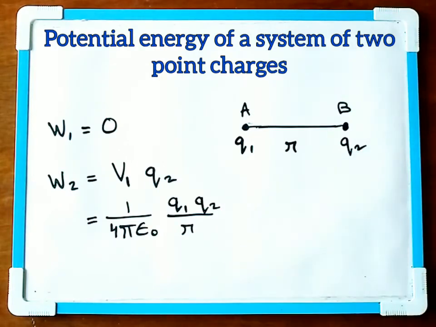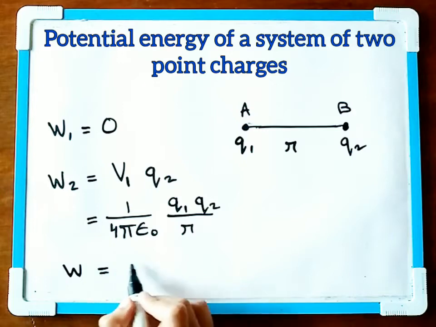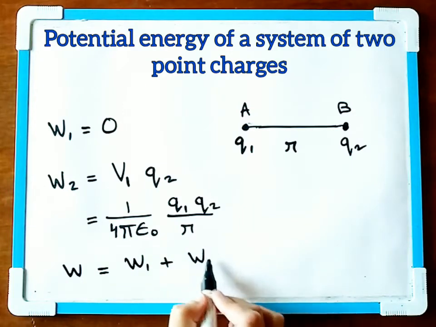So the total work done W will be equal to W1 plus W2.